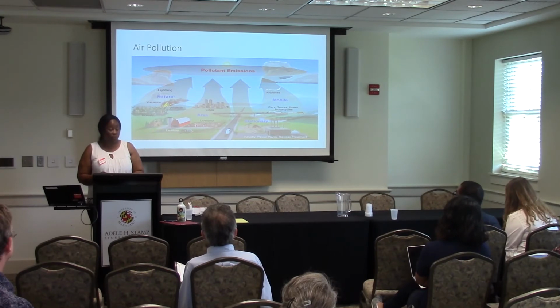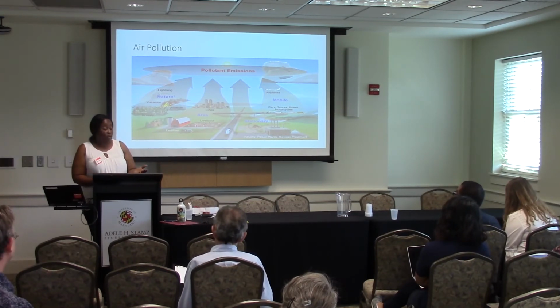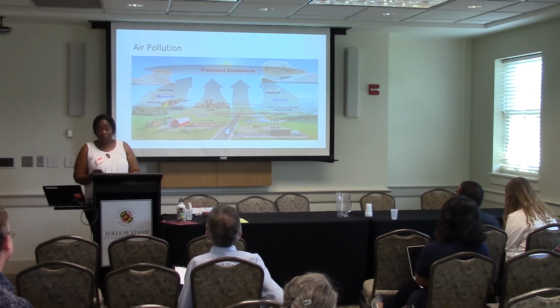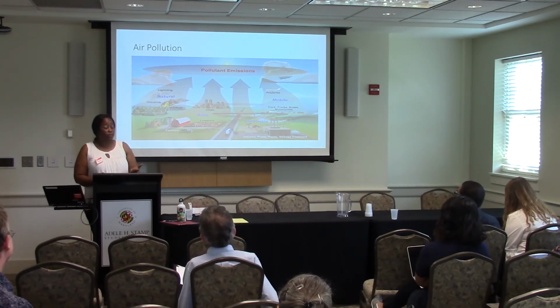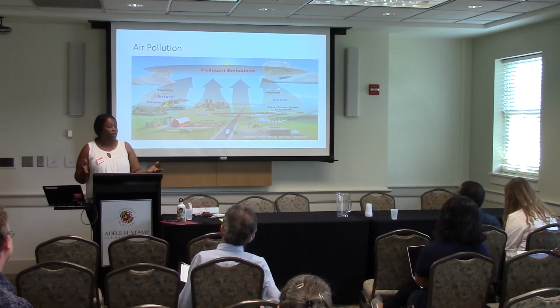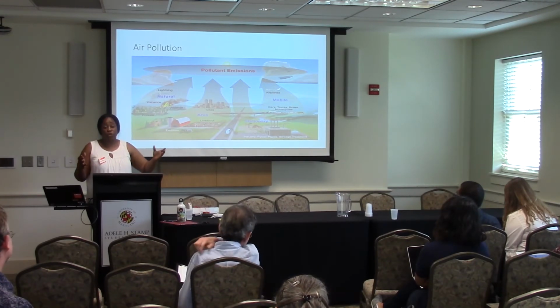Air pollution is a big issue, and that's why we're interested in it. We have indoor air pollution and outdoor air pollution, but the problem with indoor air pollution is that it's not regulated. There's no regulation on it, and a lot of things could pollute your air indoors.